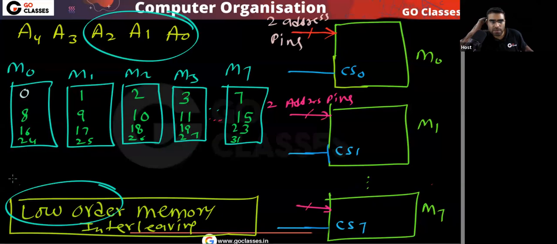So this is what happens in low order memory interleaving. In low order memory interleaving, where are the consecutive addresses available? Like these consecutive addresses, where are they available? Are they available across the modules or within the module? Tell me.